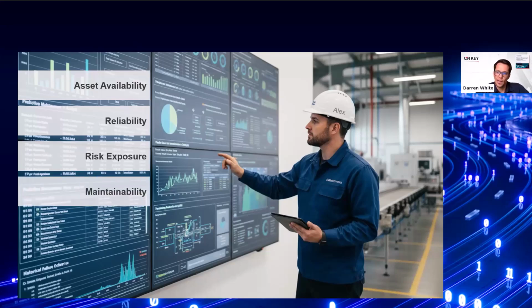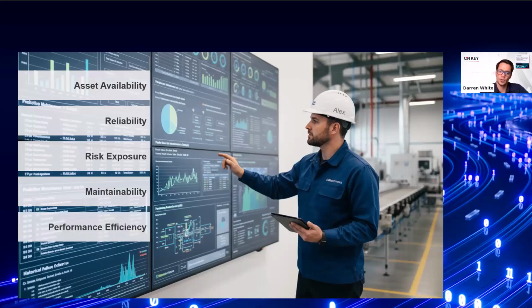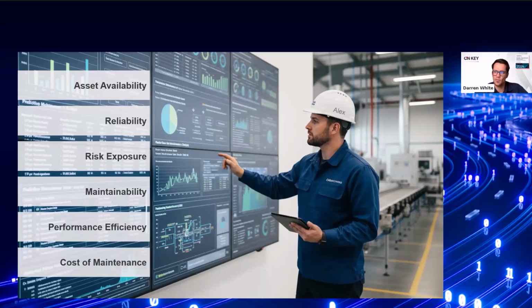All reliable assets eventually fail, and it's important that you recover quickly to reduce your downtime and your costs. And then performance efficiency, like I said, you need to also understand the throughput of the output in terms of your OEEs. And then lastly, cost of maintenance.